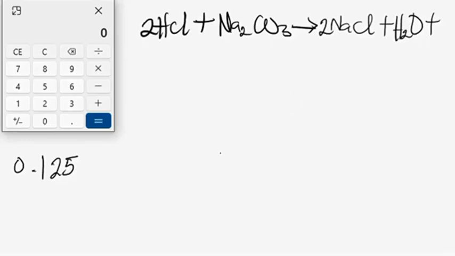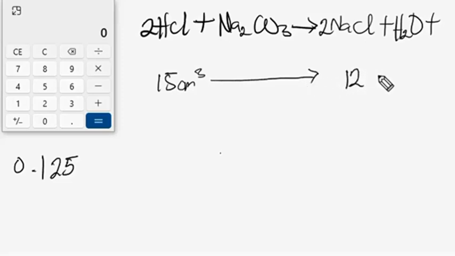So let's go ahead and write 15 cm cube here. That's like 15 over 1000 dm cube. So 15 cm cube requires 12.50 cm cube.